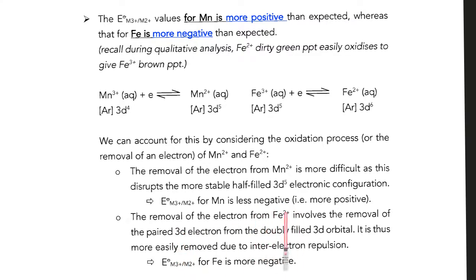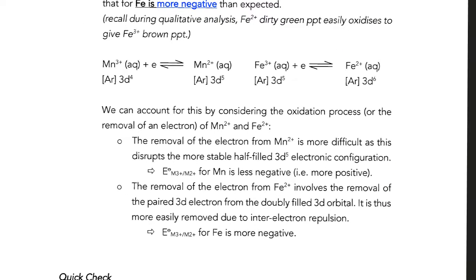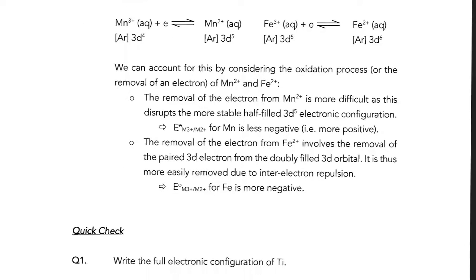Therefore, you remove an electron from the doubly filled 3d orbital, which, as I mentioned before, has inter-electron repulsion. Whereas for Mn2+, it's more difficult to remove the electron because you are removing an electron that disrupts the stability rendered by a half-filled 3d5 electronic subshell. That's basically it.